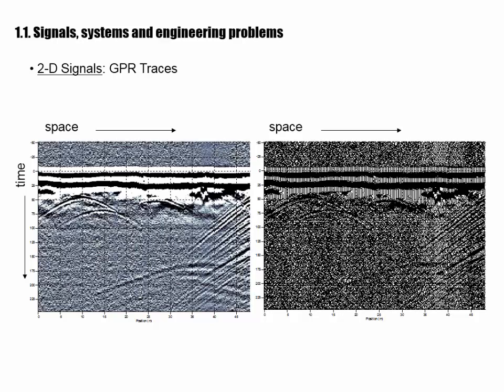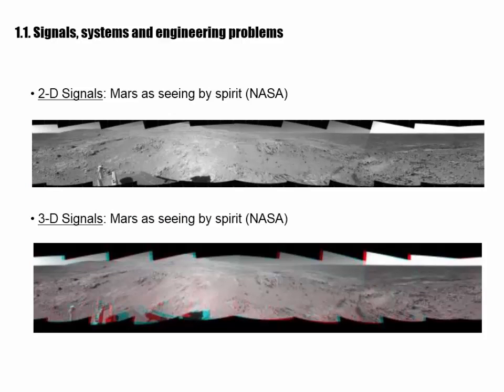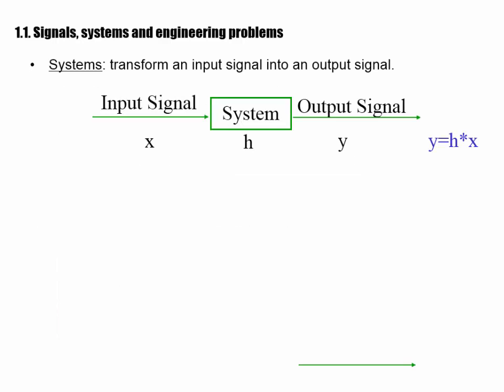Then you get the spatial information along that axis. You can do area scanning or line scanning, right? If you do area scanning, it's still a two-dimensional signal. And if you get the topographic information along the z-axis, or depth axis, or along the altitude, then you get three-dimensional signals, right?